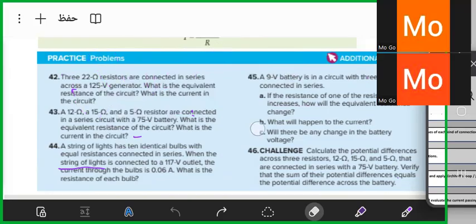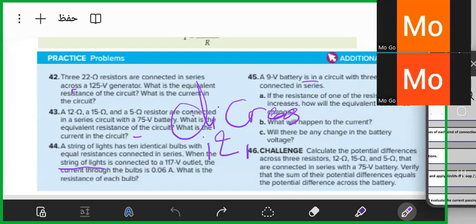What will happen to the current? The current will decrease. Why? Because it is inversely proportional.